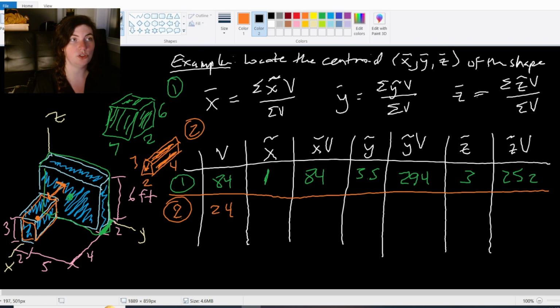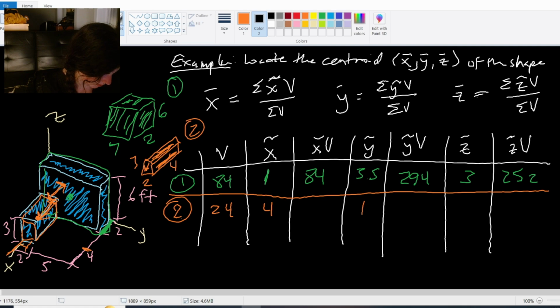So we're going to say 2 plus, and then whatever the centroid distance is, which in this case is halfway through 4. So it's going to be 2 plus 2 to get to where the centroid is sitting in the XYZ coordinate system. 2 plus 2 is 4, so this centroid is 4. Then next I have my Y coordinate, and since this is pressed up against the x-axis, it's just going to be halfway through my 2, so my Y centroid is 1.